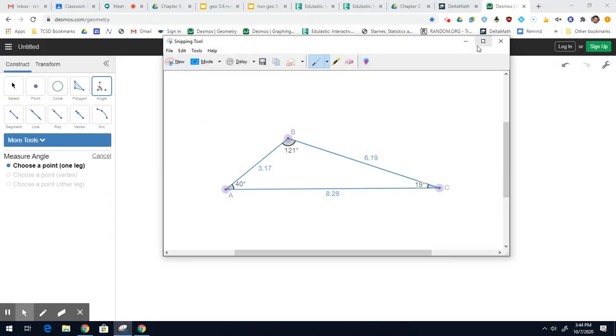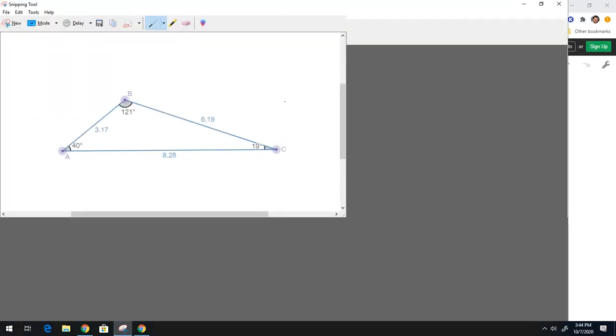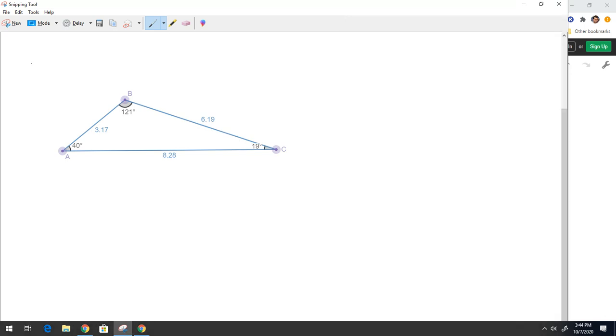There we go. Okay. So again, if I wanted to order these sides, AB is the smallest, AB is less than BC is less than AC. Then the angle that is not used in the naming of this side is going to be the smallest angle.